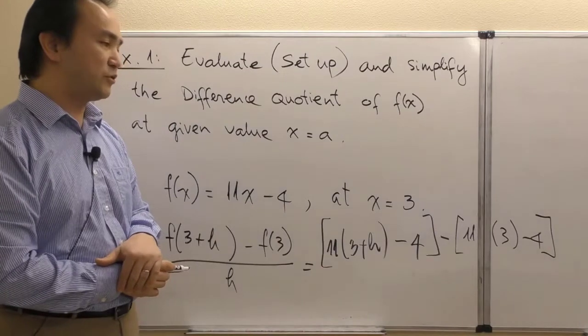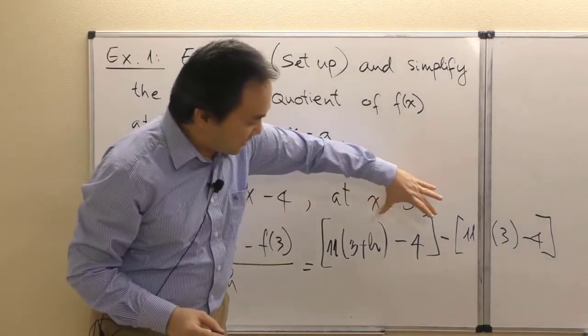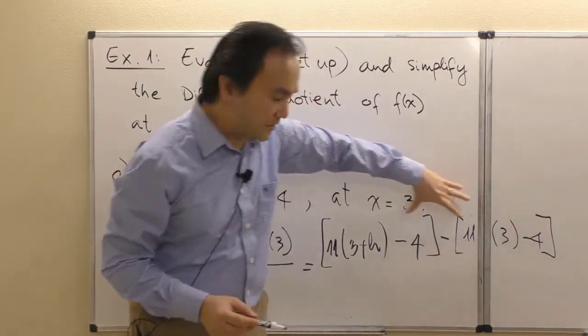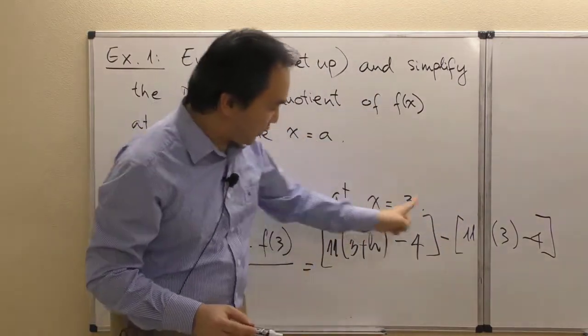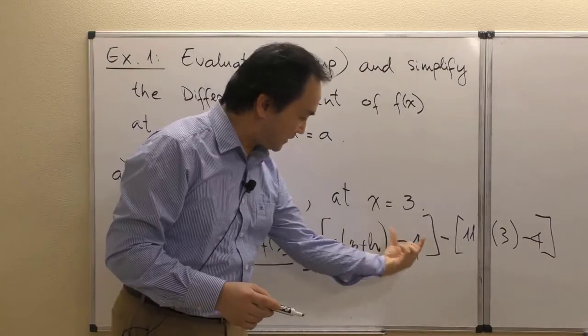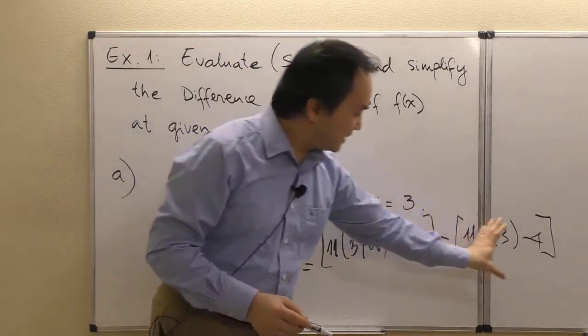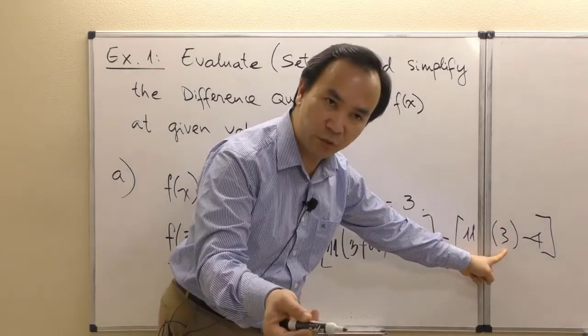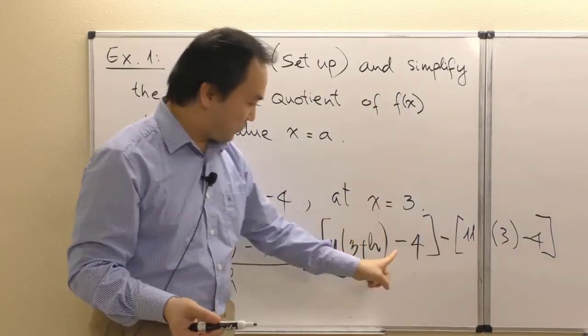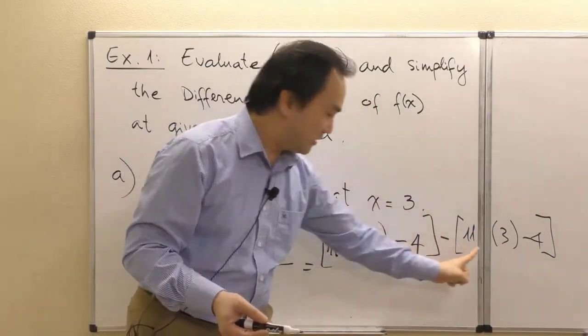I use 2 pairs of parentheses: this first group of brackets is indicating f of 3 plus h, and this other group is the same function repeated, but we're substituting in 3, the given value here. So there we have the difference of the 2 groups.